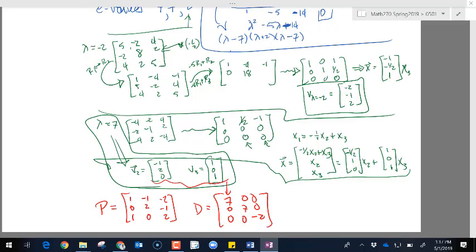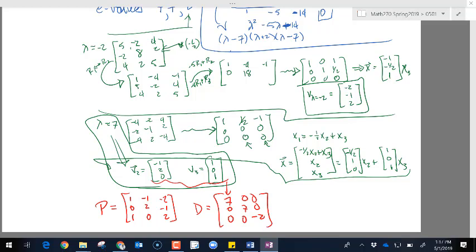First of all, they don't have to be orthogonal for us to diagonalize the matrix. In fact, they don't have to be orthonormal.